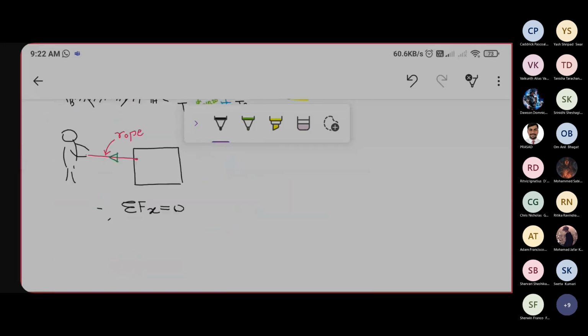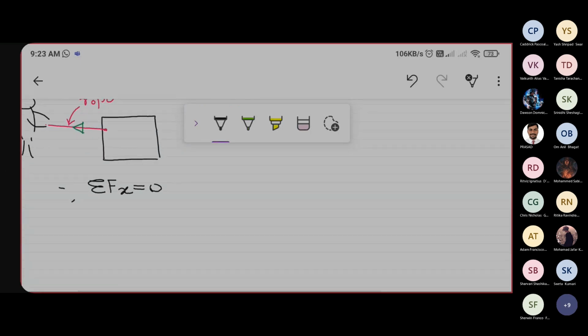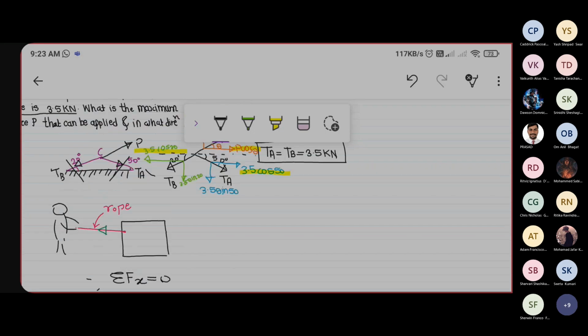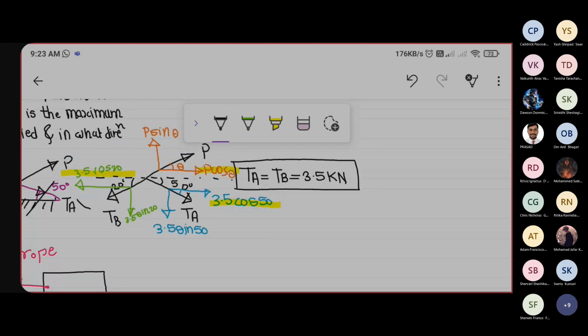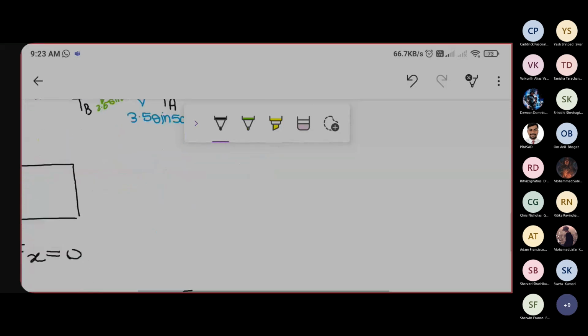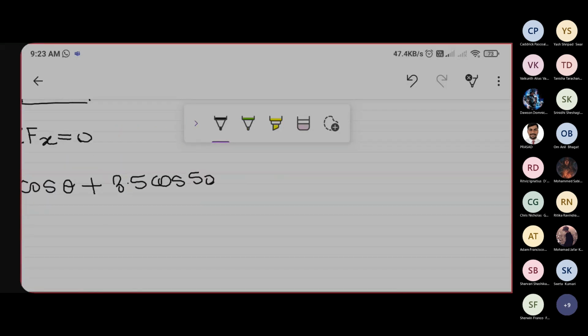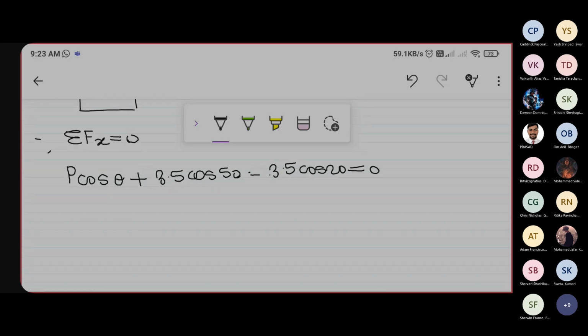So summation Fx is equal to P cos theta plus 3.5 cos 50 minus 3.5 cos 20 is equal to 0. This is the first equation.